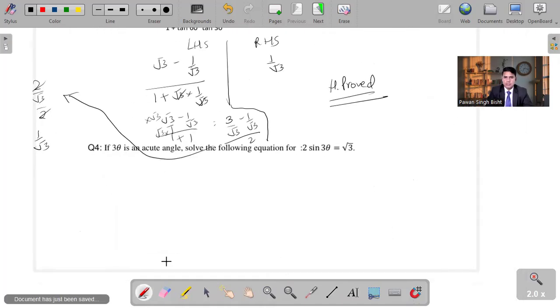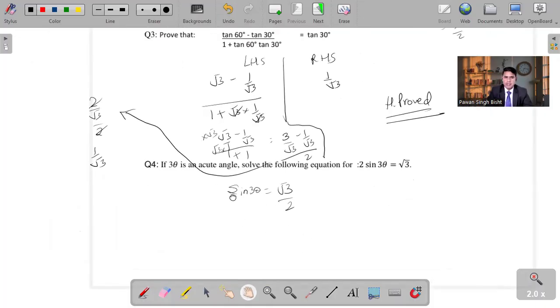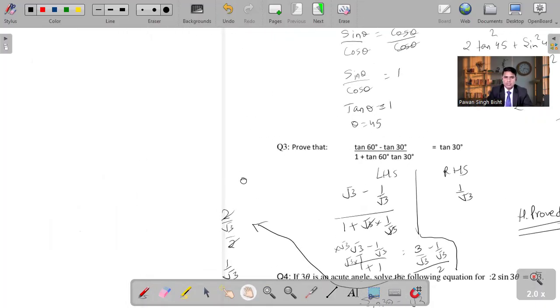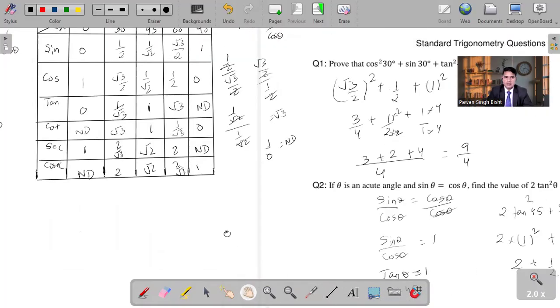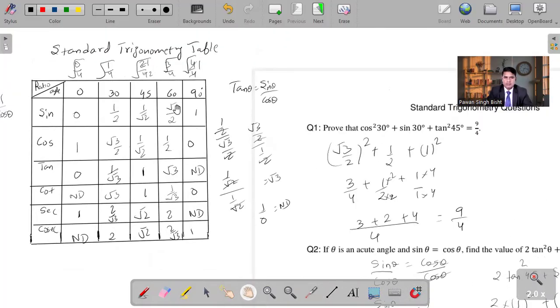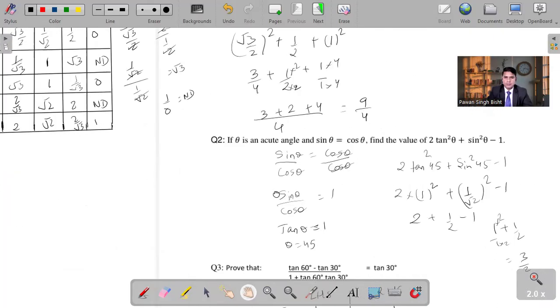Question number 4. 2 sine 3 theta equals root 3. So take this to that side. So sine 3 theta equals root 3 divided by 2. Now we have to check for which angle we have root 3 over 2. You know that at sine 60 we have root 3 over 2.